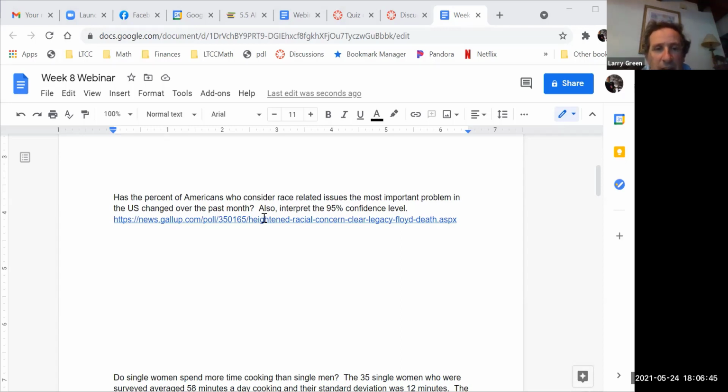And we want to interpret the 95% confidence interval also. So that's the idea, is we want to be able to compare last month to this month.